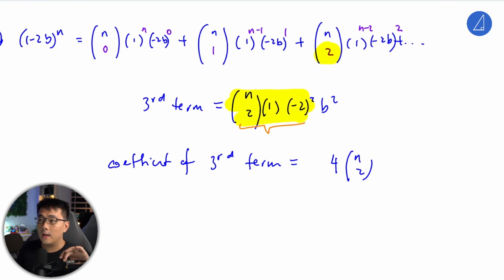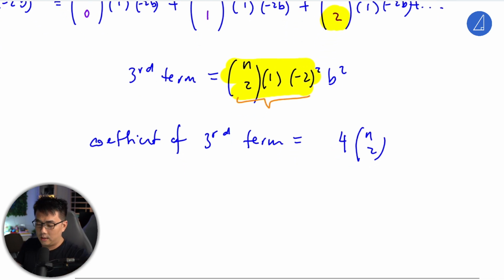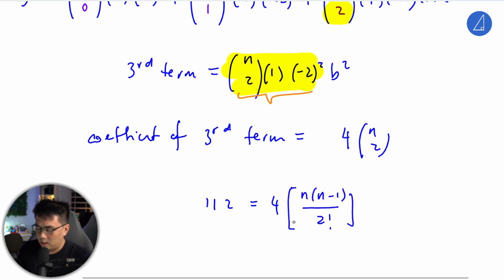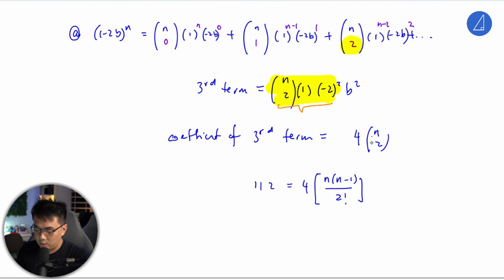Then what we're going to do next is write in the coefficient given in the question, which is 112. This is 4 times n choose 2, which we could manipulate to n(n minus 1) over 2 factorial. I'm not going to explain why n choose 2 is this expression.